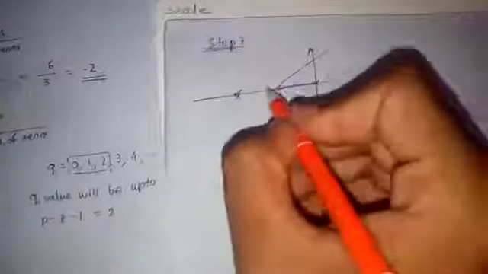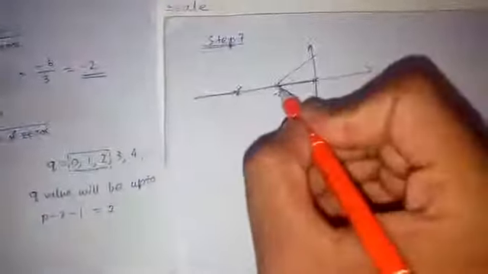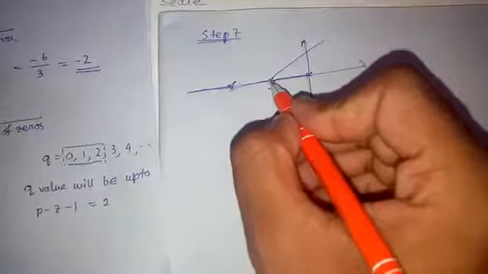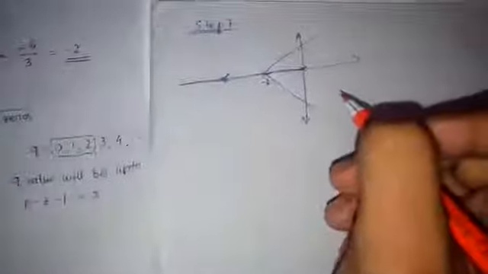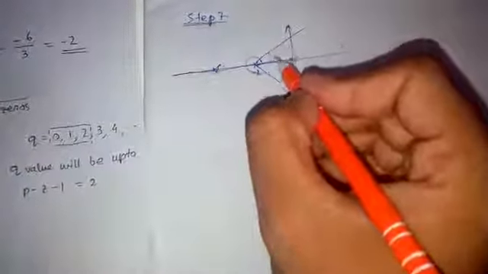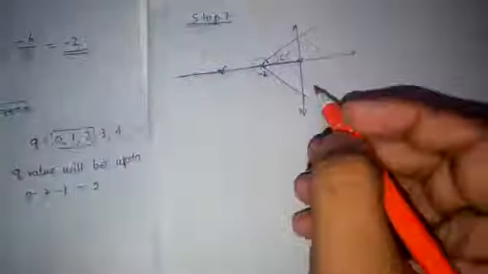From here we have three angles of asymptotes: 60, 180 and 300 degrees. From here we draw 60 degrees, this is 180 degrees, and this will be approximately 300 degrees. After that we have completed step 3.